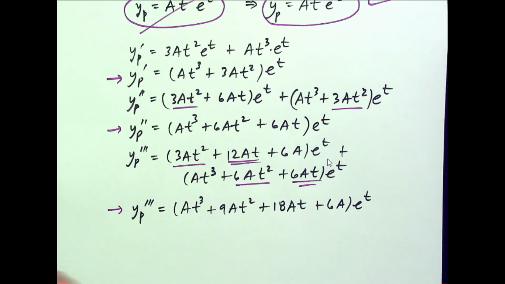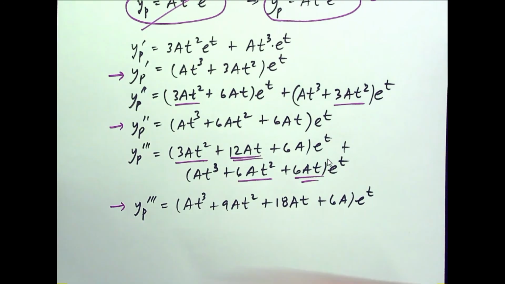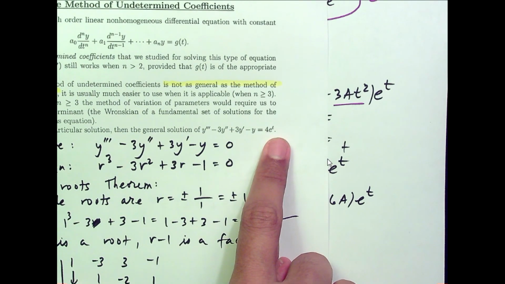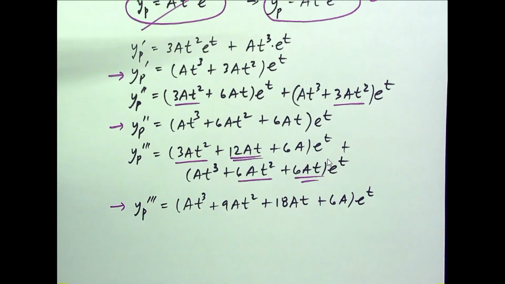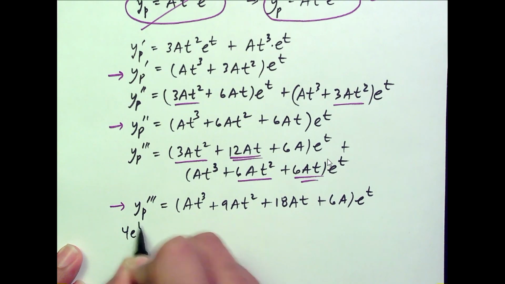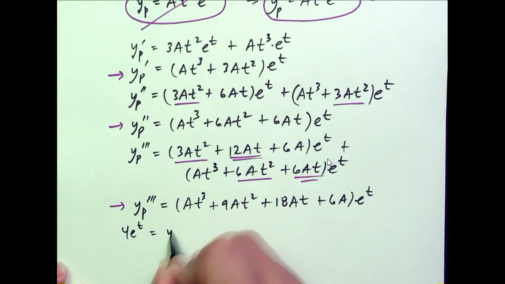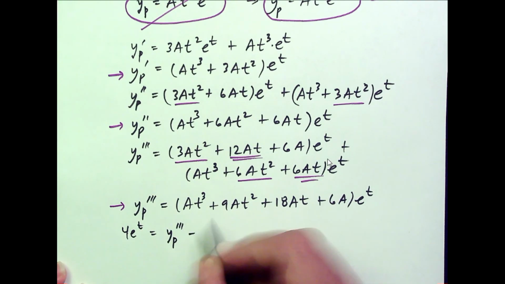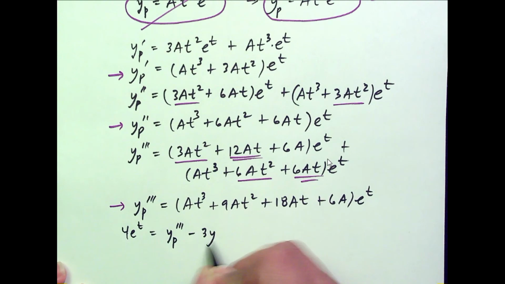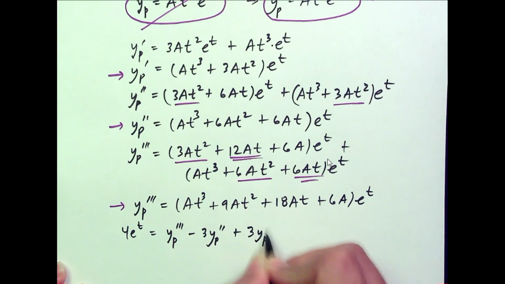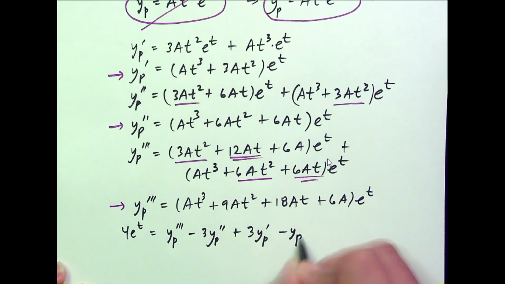Now we're supposed to plug this into the differential equation, which is this one right here. So I'm going to start by writing this side first. You get 4 e to the t equals, and now let me copy the left side. This is the third derivative minus 3 yp double prime plus 3 yp prime minus yp.